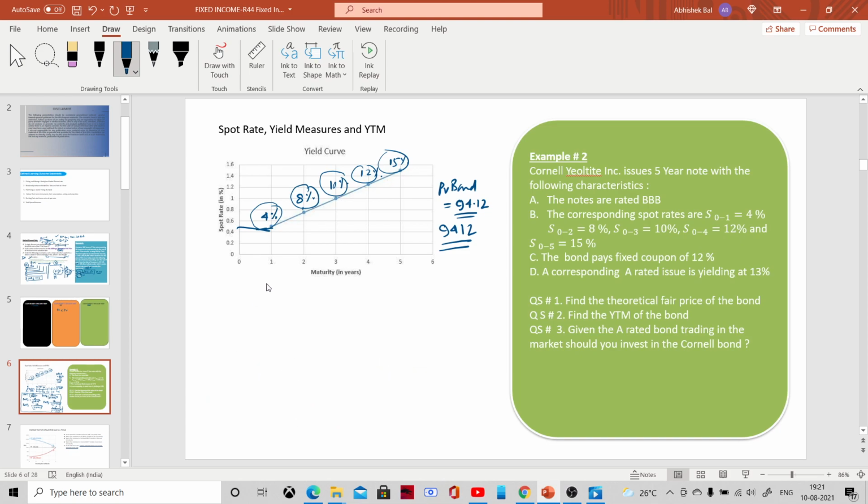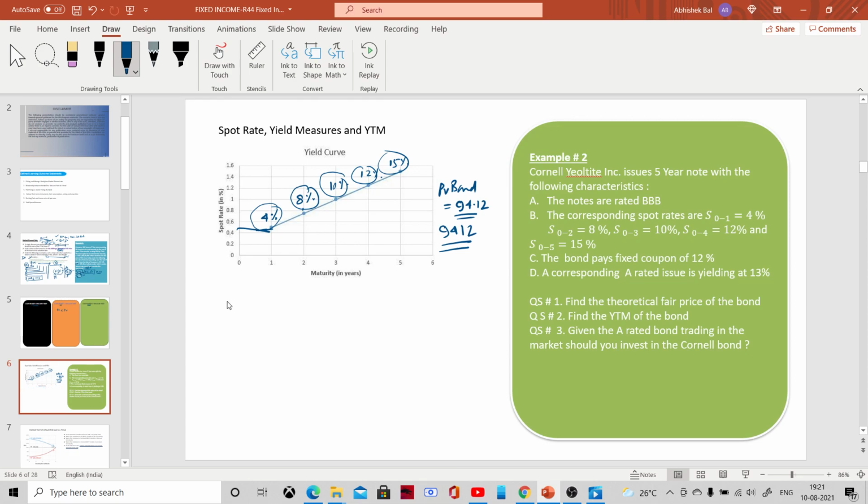So just press second and press clear TVM. Once you have done that, just input these details. Put N equal to 5. Put PMT equal to 12, which is the coupon rate.